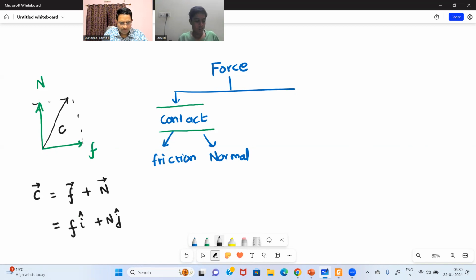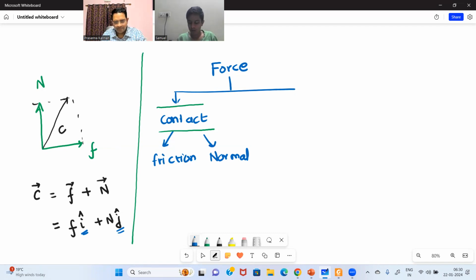What is i cap? I cap refers to unit vector along x-axis, which tells you the direction of x-axis. What is j cap? Unit vector along y-axis. Why did I write like this? Because N is the magnitude of the vector, j cap represents the direction of the vector. Because the moment I say vector, it has two parameters. One is direction, another is magnitude.